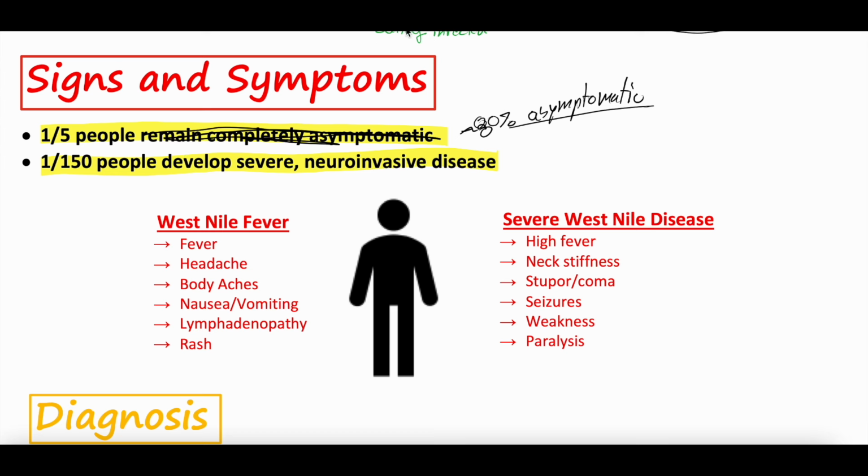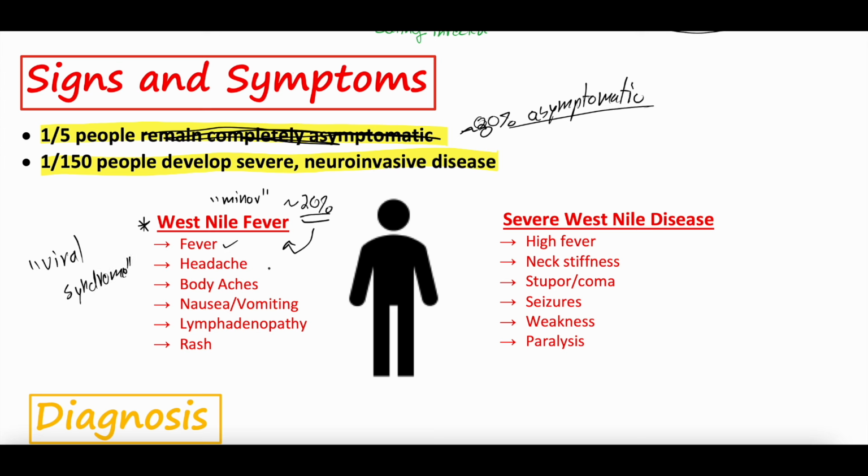So we divide this up into kind of 2 different titles. West Nile fever, this would be considered kind of the minor version of disease, right? And we said about 20% of people who get the West Nile virus develop symptoms, and those 20% develop this West Nile fever. And this is kind of just generic viral syndrome symptoms, right? These kind of look like symptoms you'd get if you had the flu.